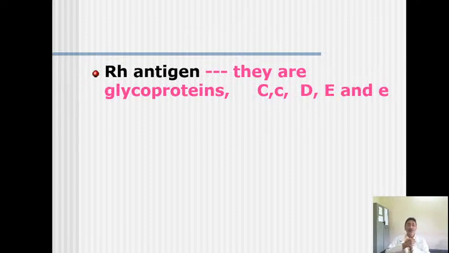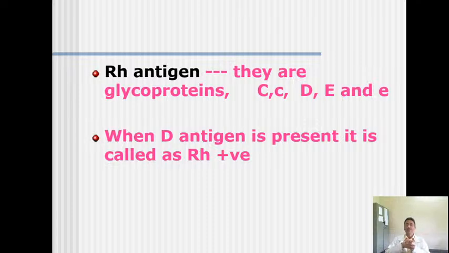Now let us go back to the Rh antigen and see what it is. The Rh antigen has two groups of antigens, labeled as capital C, capital D and capital E is one group.